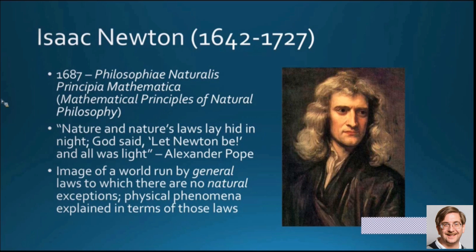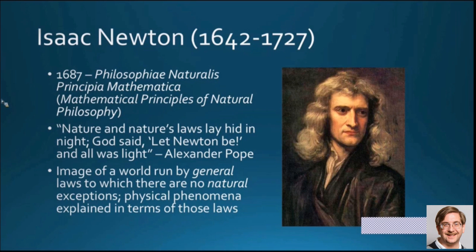His Mathematical Principles of Natural Philosophy, commonly known as the Principia Mathematica, was an attempt to give a single mathematically rigorous system whereby, in terms of a few general laws, we could explain all natural phenomena, to which there are no natural exceptions.